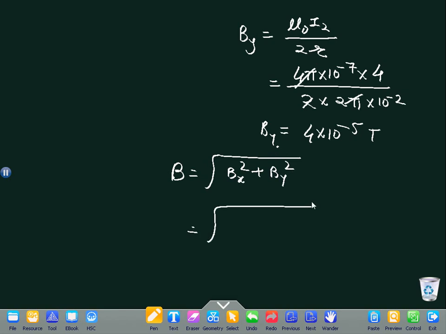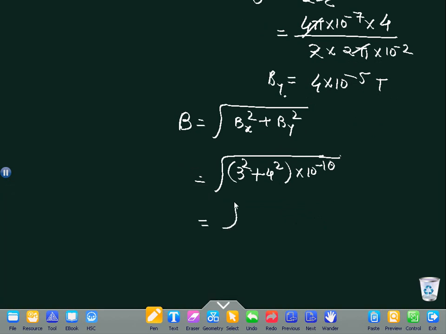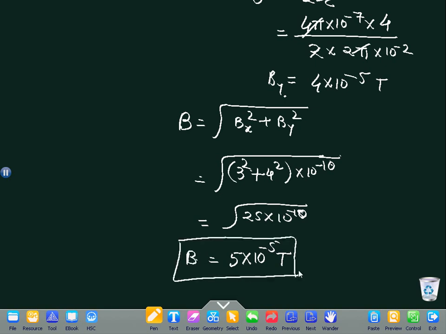So square root of 3 square plus 4 square, and the common value is 10 raised to minus 10 pi square. Square root of 25 into pi square into 10 raised to minus 10. And so the answer is 5 pi into 10 raised to minus 5 Tesla. This is the resultant magnetic field. This is the answer.